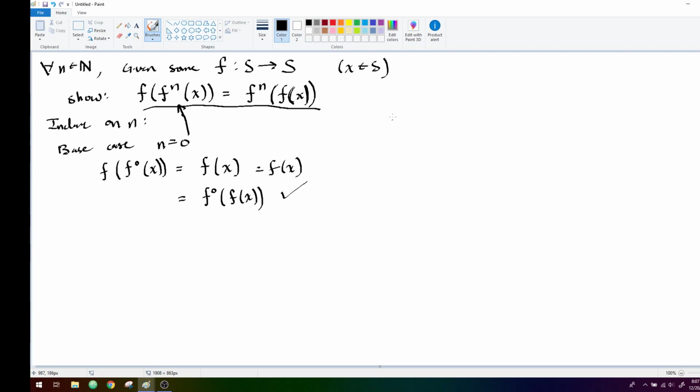Now we move on to the inductive step. So we're going to say, suppose we know that this law is true. Let's just finish writing it out here.